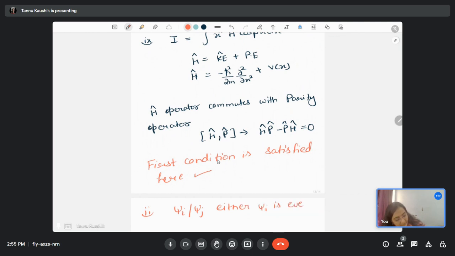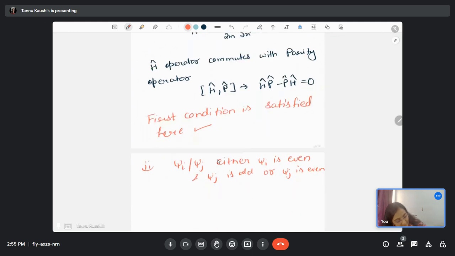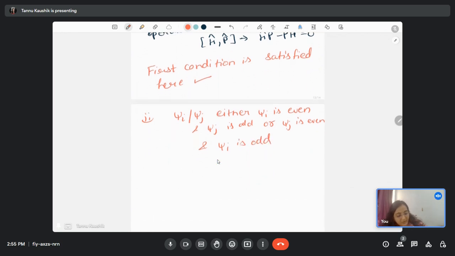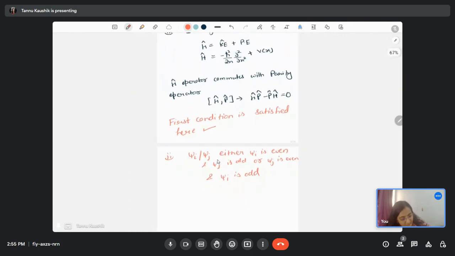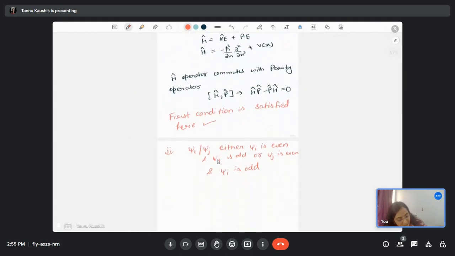Now the second condition is that either psi I is even and psi j is odd, or psi j is even and psi I is odd.